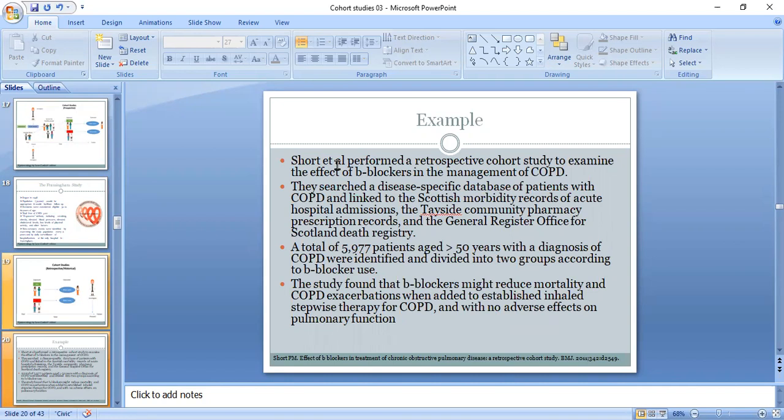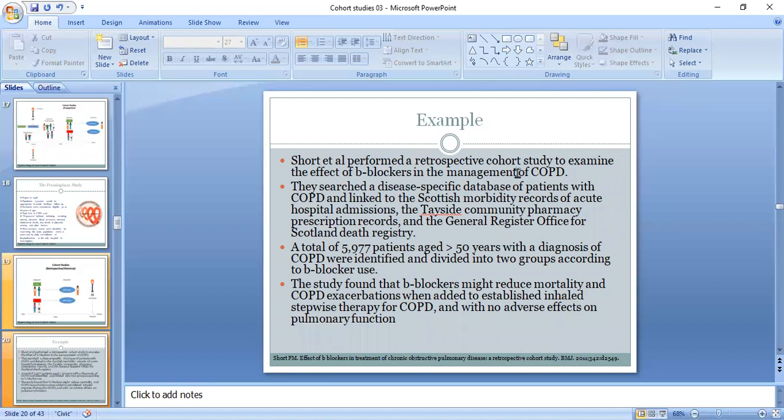A total of 5,977 patients of ages greater than 50 years with a diagnosis of COPD were identified and divided into two groups according to beta blocker use or not. The study found that beta blockers might reduce mortality and COPD exacerbations when added to the established inhaled stepwise therapy for COPD, with no adverse effects on the pulmonary function.